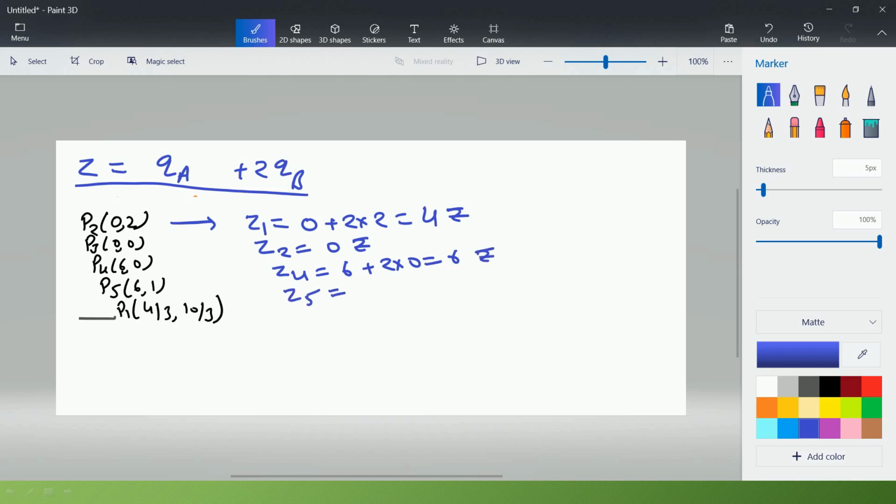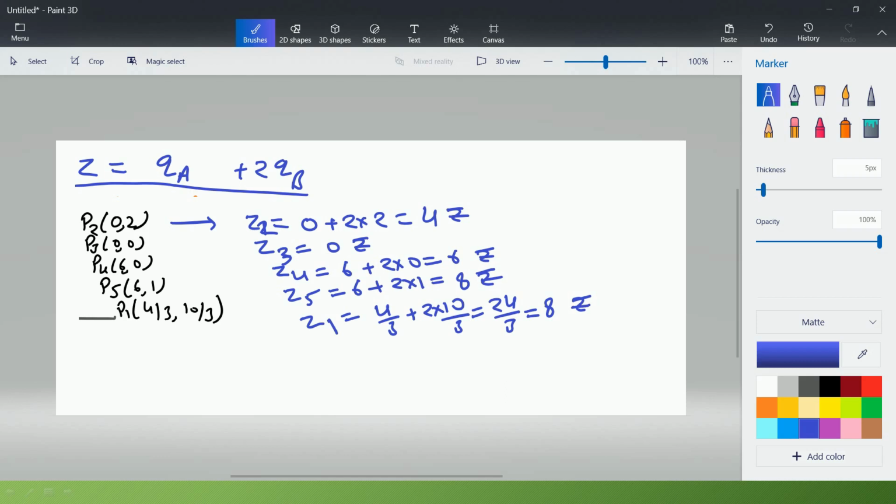Z5 will give 6 plus 2 comma 1, 8 rupees profit. And this will be Z2, this will be Z3, now Z1. This will give 4 by 3 plus 2 comma 10 by 3. This will be 24 by 3 and this will give 8 rupees profit.